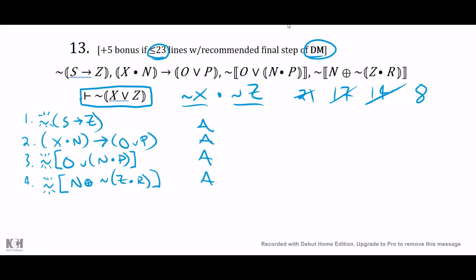So really, there's far less to do in this problem than it looks like. It's a number of lines that you have to fill out, but there's not really that much to do, even though it looks like it, because most of it is just set up to get to the stuff at the end.